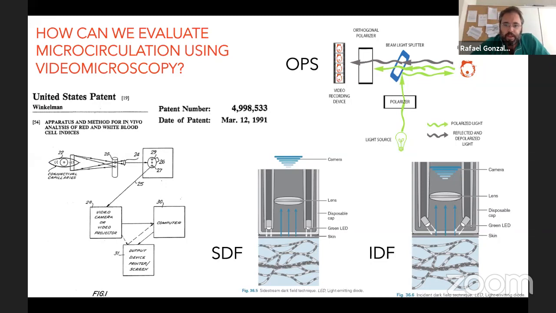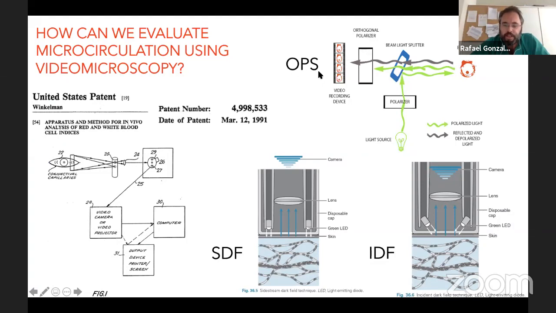From this technique, the development of different technologies has led to the possibility of visualizing capillaries in vivo.